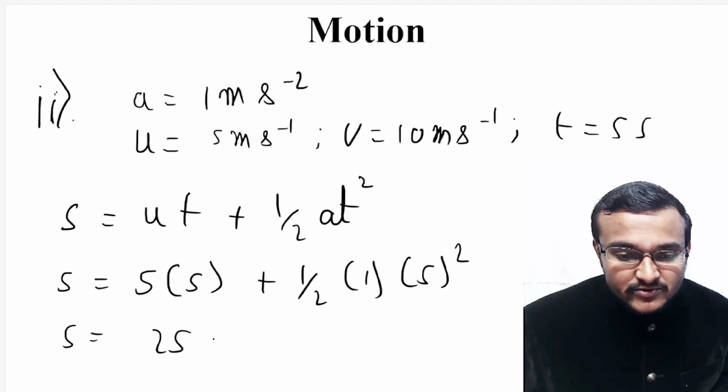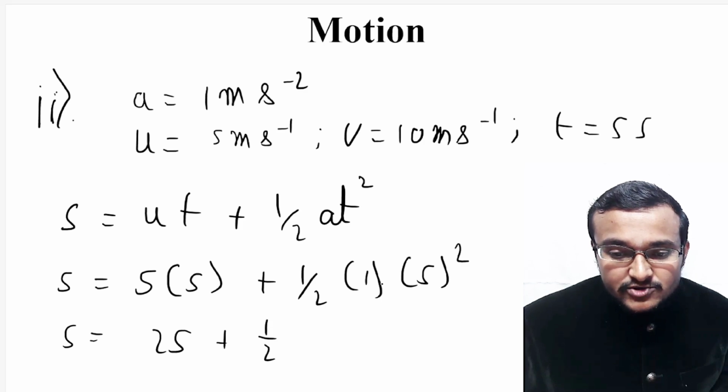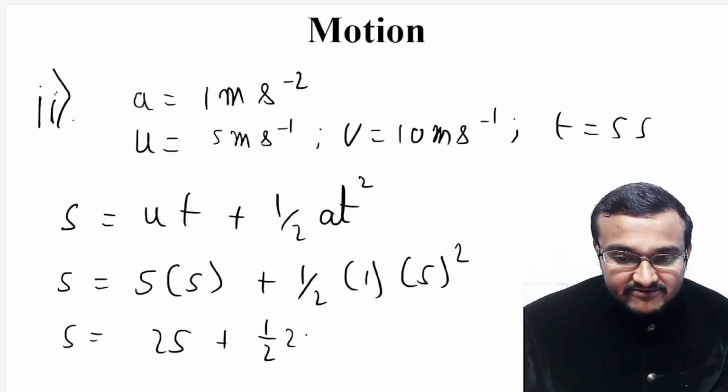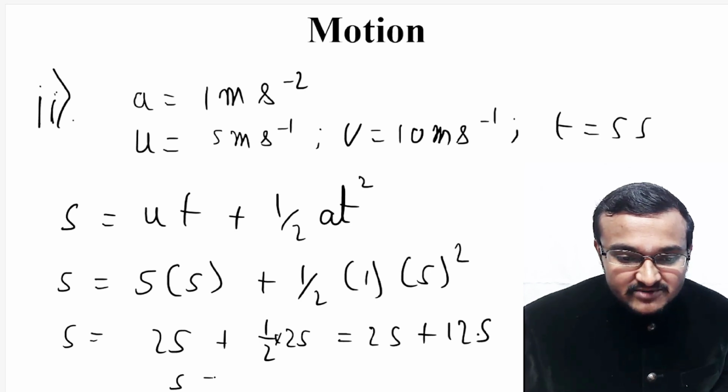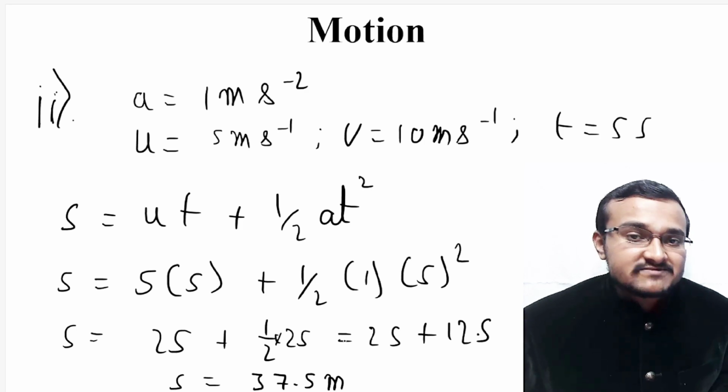Now to calculate distance, 5 into 5 will be 25, plus 1 by 2 into 5 into 5, that is 1 by 2 into 25. So 25 divided by 2 will be 12.5. So 25 plus 12.5, so s will be equal to 37.5. Everything we have taken in SI unit, so distance will also be in SI unit, that is meter.